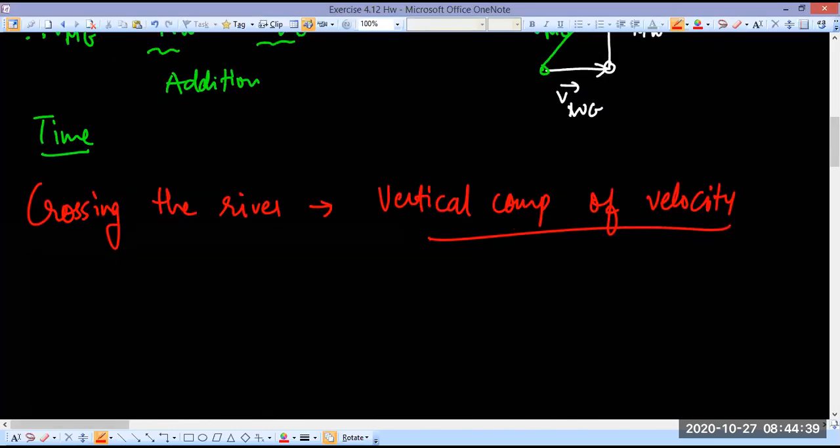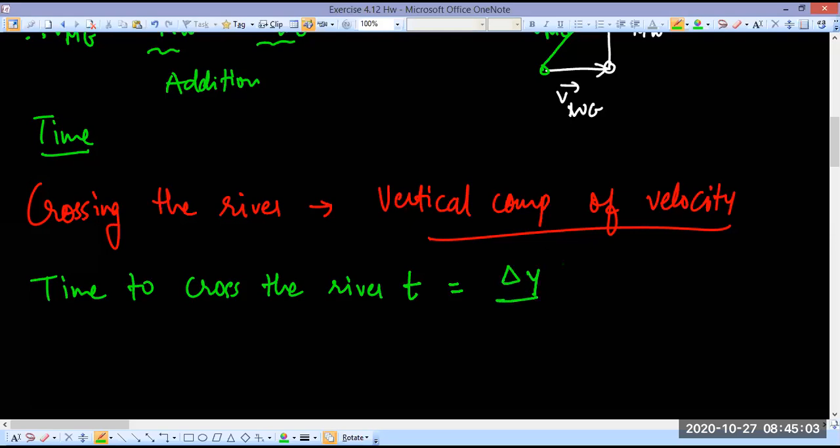Here, if you want to find time to cross the river, so time to cross the river t, see here, this is a very simple case. Here velocity is not changing at all, everything is constant, right? So you could just say this is equal to delta y, because I just said y, divided by velocity's y component.